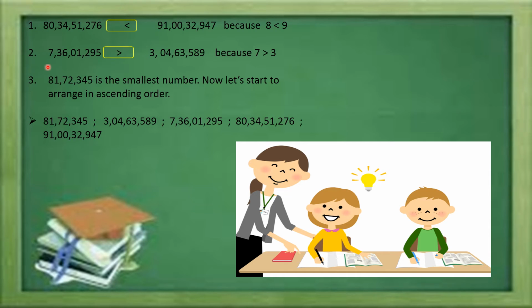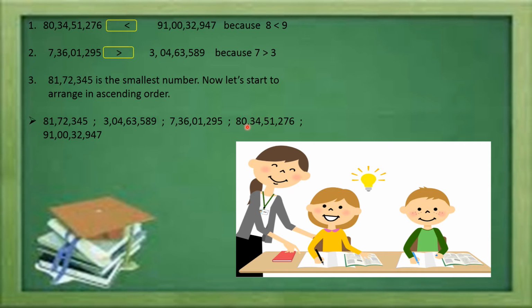And third, 7 crore 36 lakh 1,295. It is third smallest, or we can say it stands at the third position in the ascending arrangement. So write that figure here.